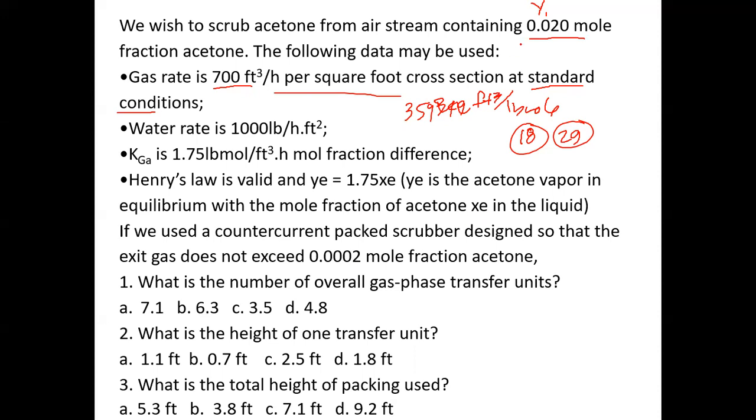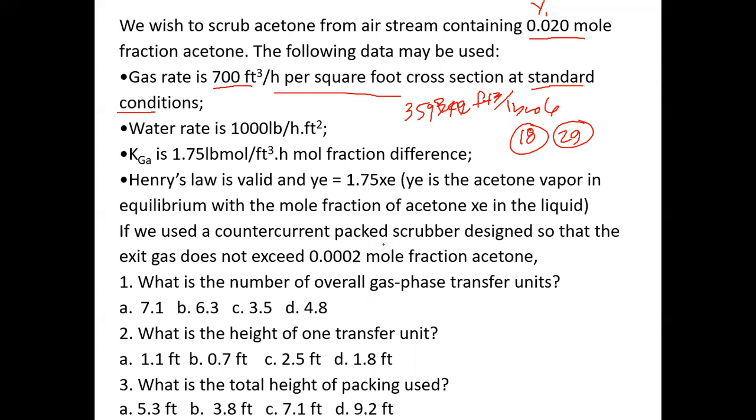This is just 1% of 0.02, so this is your Y2. All you need to do is calculate X1, which is harder because it was not given, unlike in the last problem.